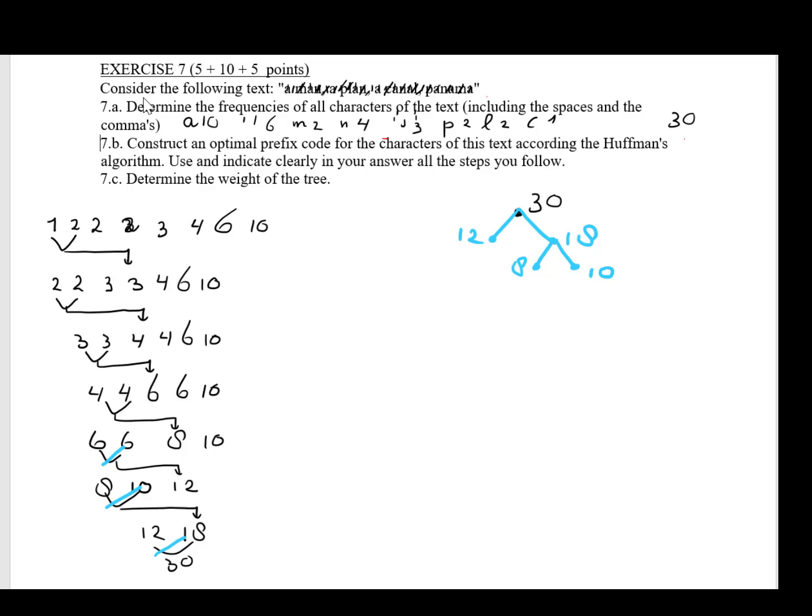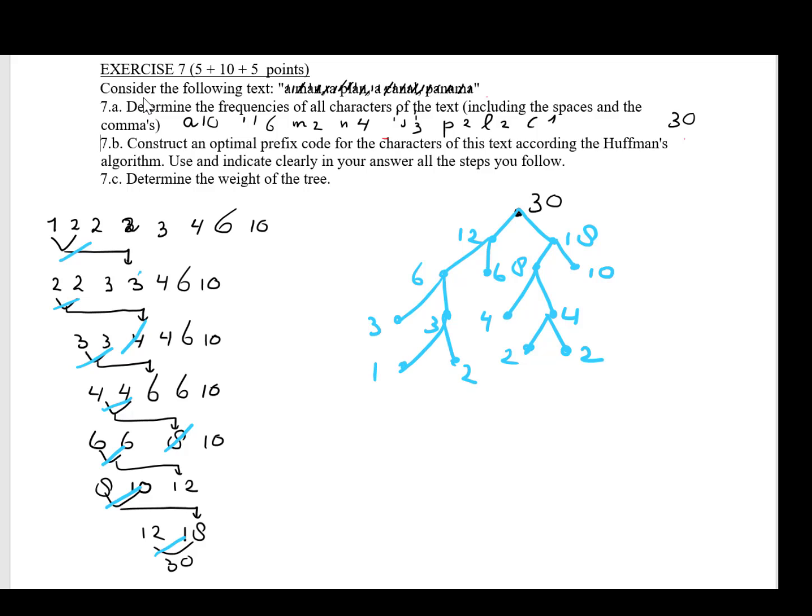Then we have 12, 6 and 6. 8, which is 4 and 4. Then we have 6, which is 3 and 3. We have a 4, which is 2, 2. And then we have a 3, which is 1, 2.